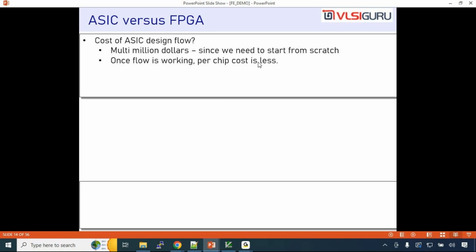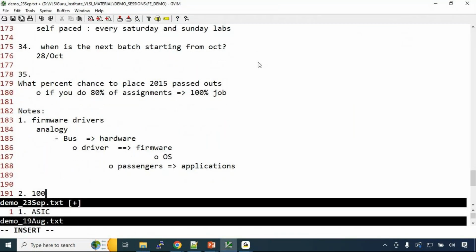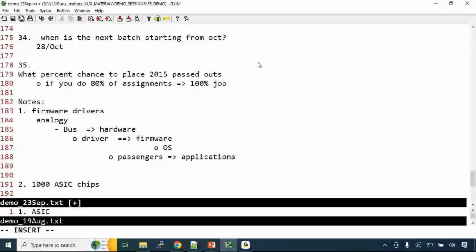You understood that statement? So it's like if I want to make 1,000 ASIC chips, my initial investment is, let's say, $1 million. To make 1,000 chips, let's say I take $10 per chip. What is the total cost? 1 followed by 6 zeros and 10,000.